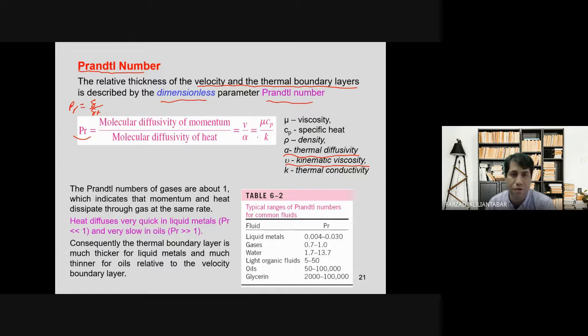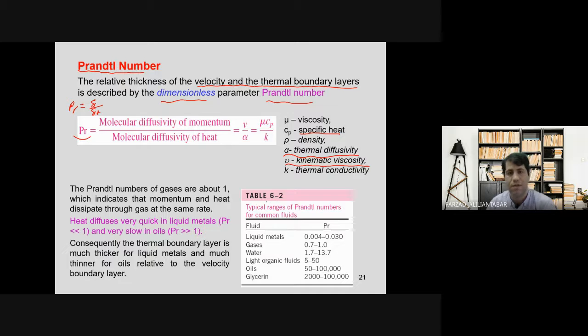And also, if we substitute delta and delta T in this equation, we can have this equation: mu Cp divided by k. Mu is dynamic viscosity, Cp is the specific heat of the fluid, and k is thermal conductivity of the fluid. So we can use this equation for Prandtl number of the different fluids.